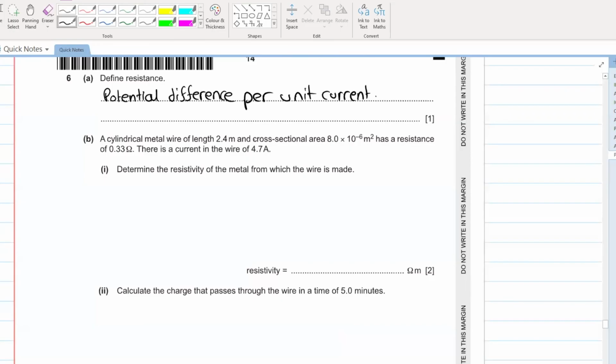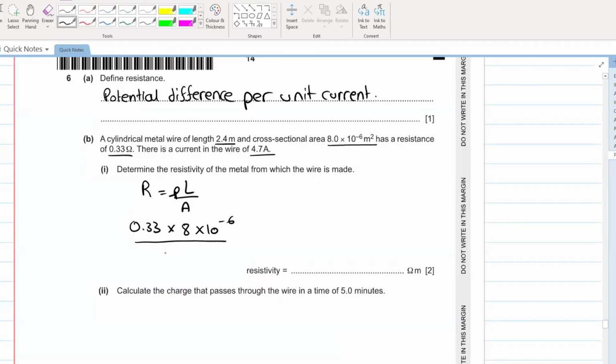A cylindrical metal wire of length 2.4 meters, with a given cross sectional area, has a resistance of this. The current in the wire is this. Determine the resistivity of the metal from which the wire is made. The resistance is equal to resistivity times length divided by area. Resistance is 0.33 multiplied by the area, that is 8 into 10 raised to the power of minus 6, divided by the length.